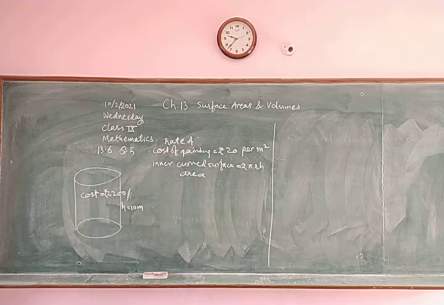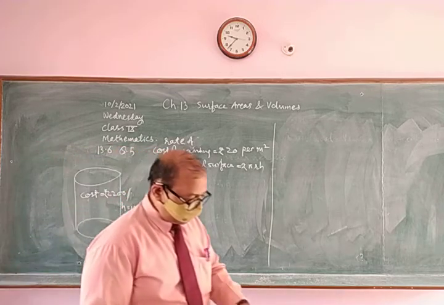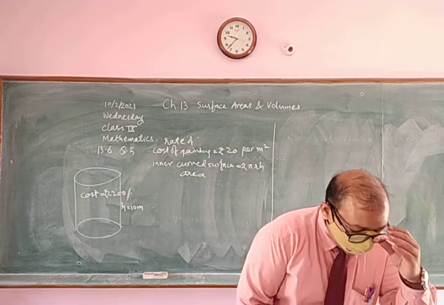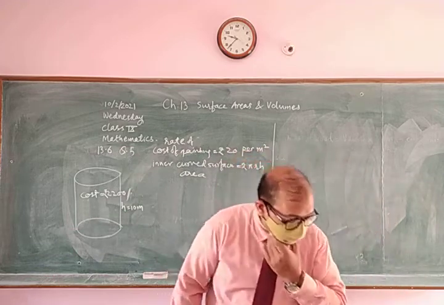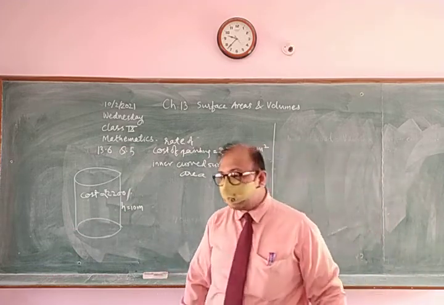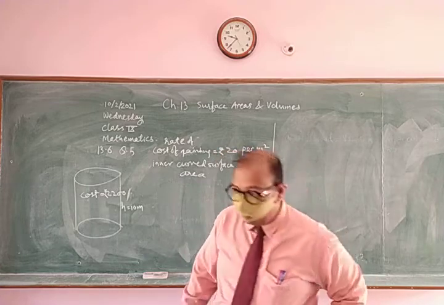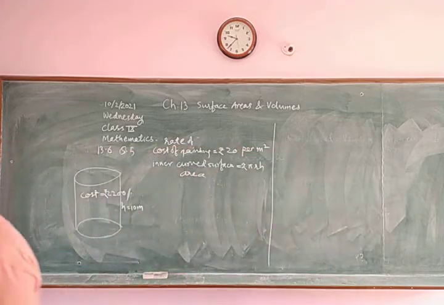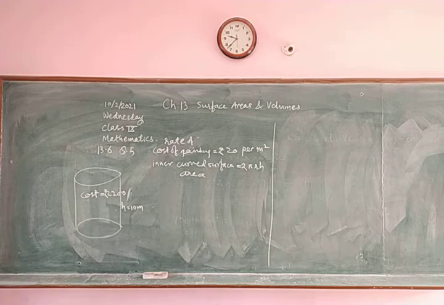We have to find the inner curved surface area of the vessel, the radius of the base and the capacity of the vessel. Now look here. The question is very simple, not very difficult.